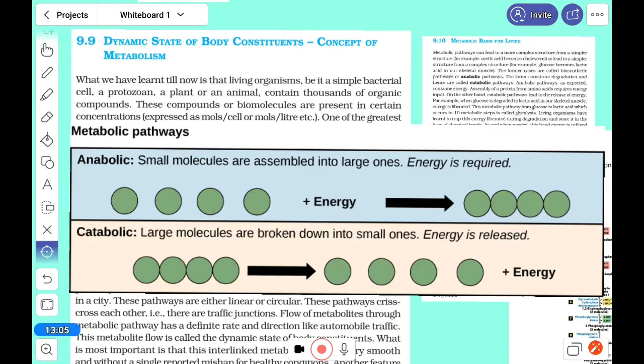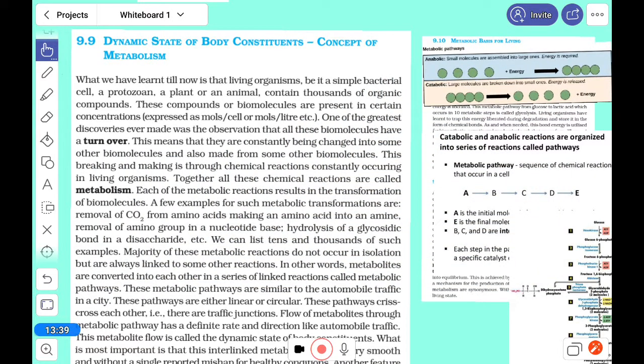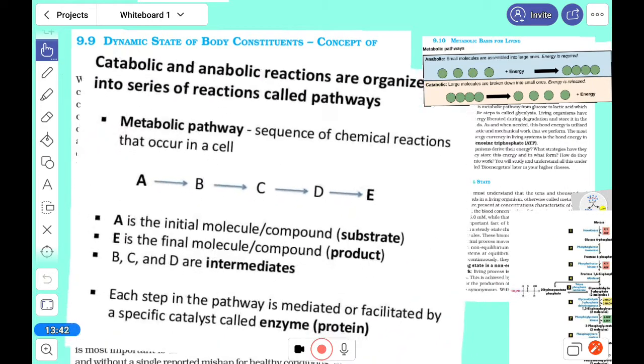In catabolism, from these complicated forms, they separate again and energy is produced. This is always going on in our body, and the anabolism and catabolism together we collectively call metabolism. Okay, so this is the basic concept.